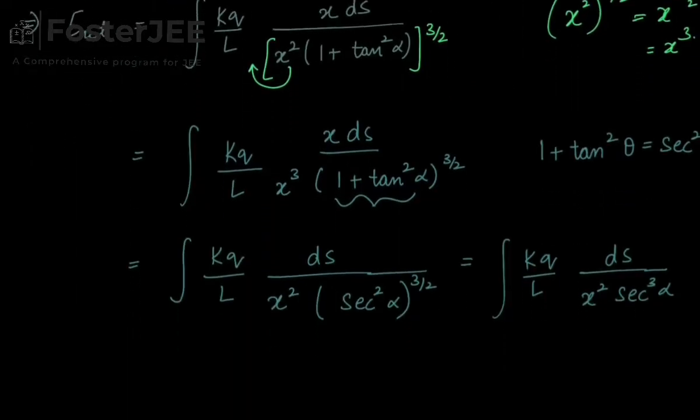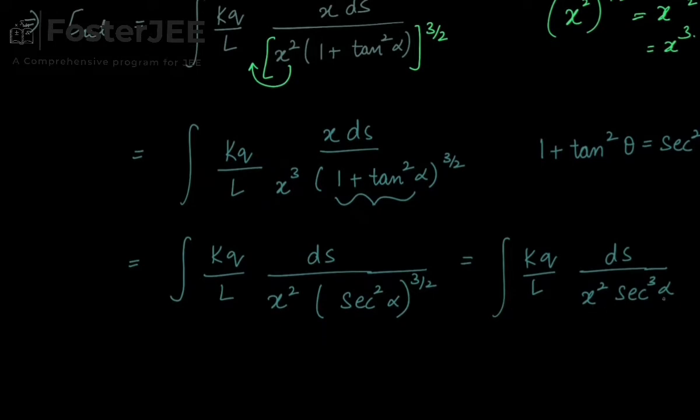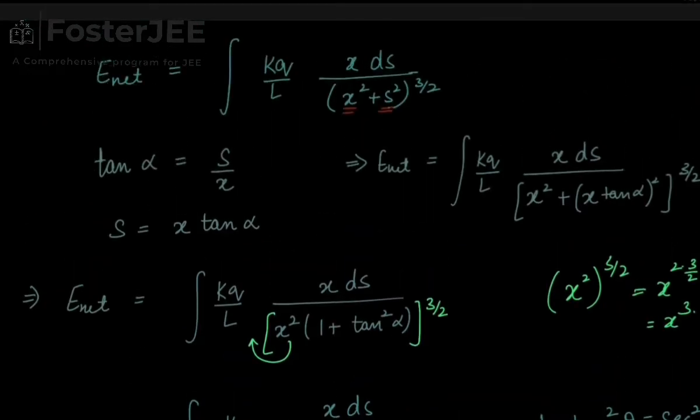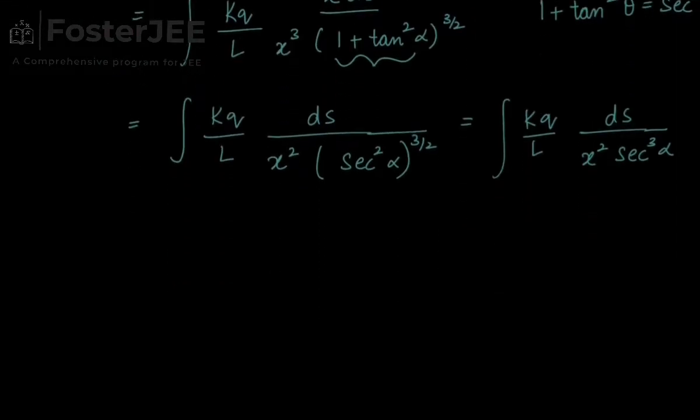Now again, this equation has three variables, that is alpha, x and ds. Now we have to change ds in form of x and alpha. Let's see how we will do it. Again, from this equation, s equals x tan alpha.